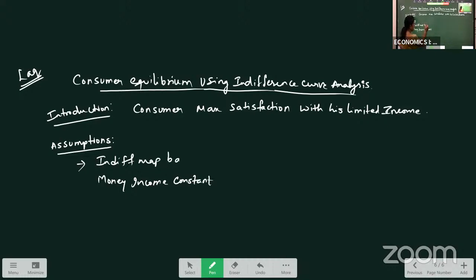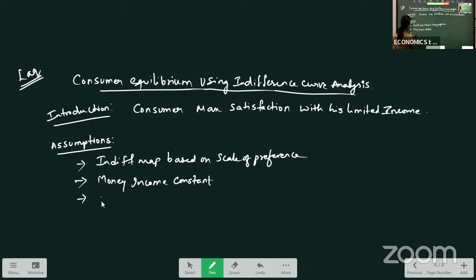Indifference map is based on scale of preference, means what he prefers first. That is the first assumption. Second assumption, money income is given and it is constant.